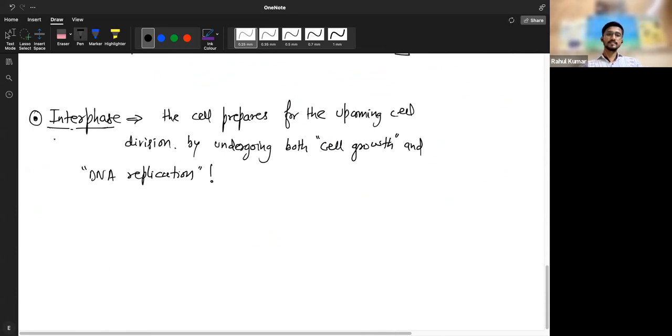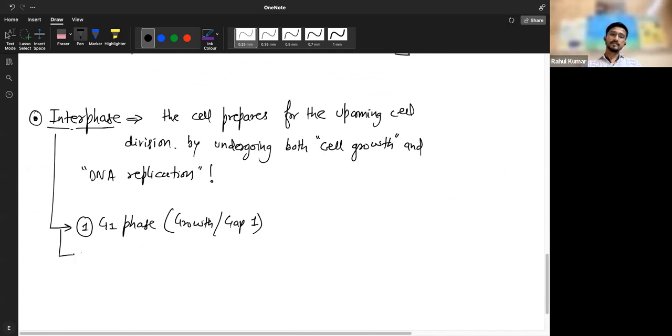Now this interphase can be divided into 3 parts. First is G1 phase, which I told you can be known as either growth or gap 1. And second is S phase, which is synthesis.